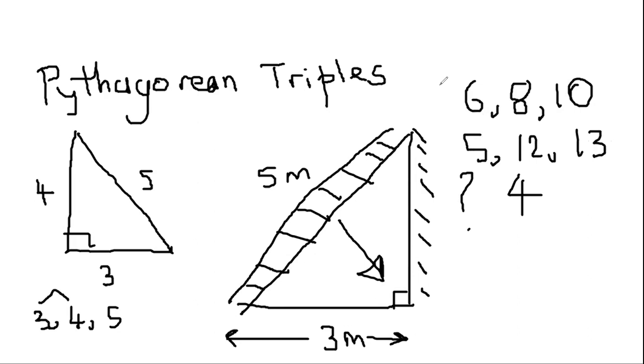Let me give you another one. 8, 15, and 17. And it goes on and on. So that's what we call Pythagorean triples.